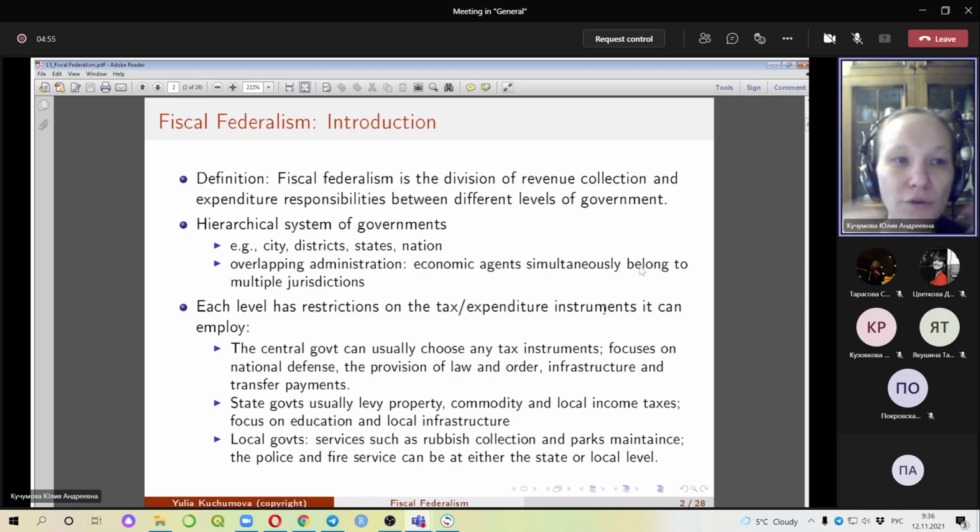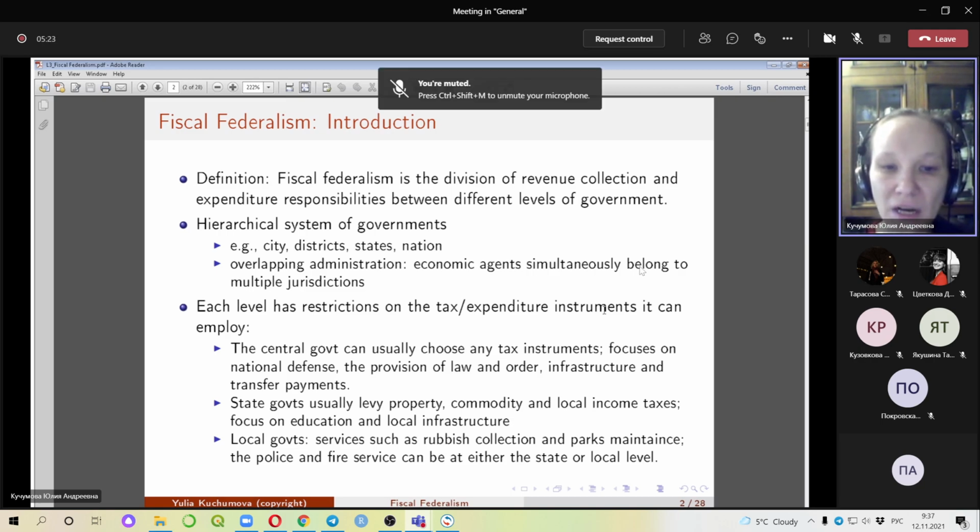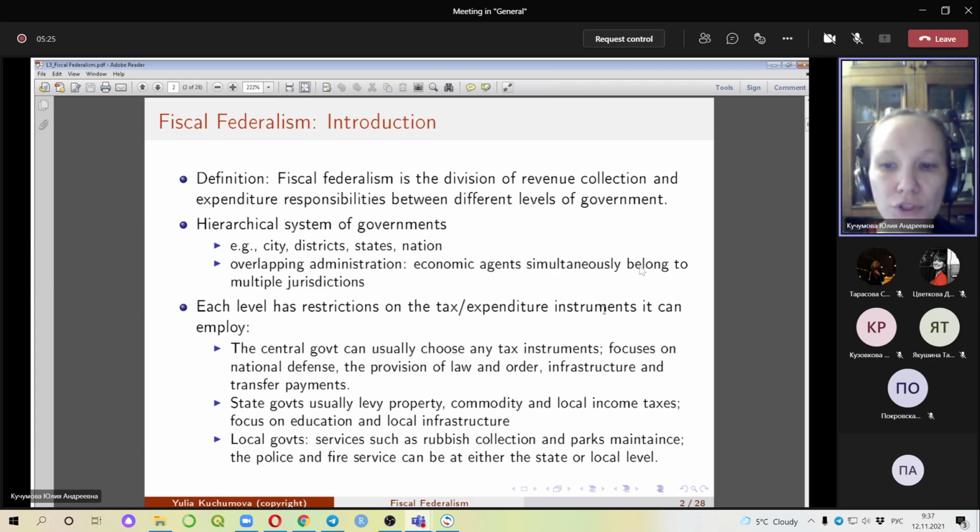How is this important for our course? It's important because each level of government has restrictions on the tax and expenditure instruments it can employ. For example, the central government can usually choose any tax instrument, but focuses on national defense, the provision of law and order, infrastructure, and transport. State governments usually levy property, commodity, and local income taxes and focus on education and local infrastructure.